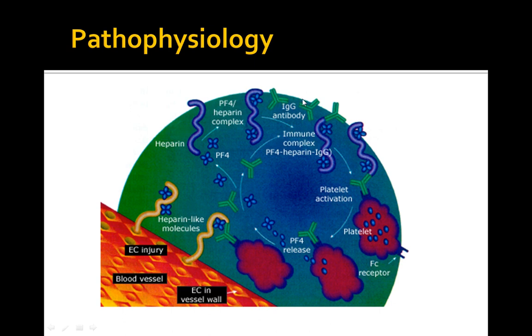This, along with the IgG antibodies, forms PF4 heparin IgG complexes and results in platelet activation. Now, there's also a PF4 release finally from these platelets, and that cycle keeps on going back and back again. Here you can see this platelet binding to the heparin-like molecule.